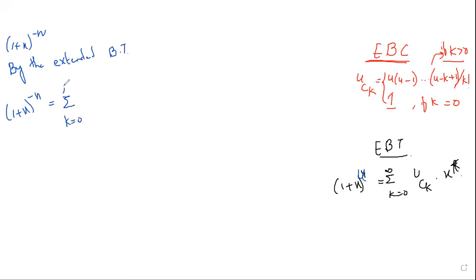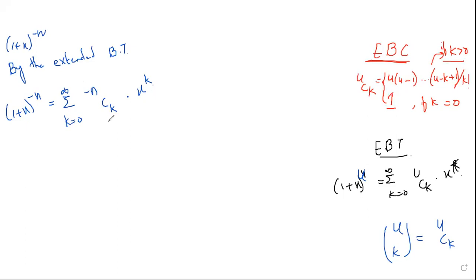The sum for k equal to 0 to infinity of minus n choose k into x power k. Or you even know that instead of writing u choose k, it can be represented as u over k in brackets also. Both are one and the same.